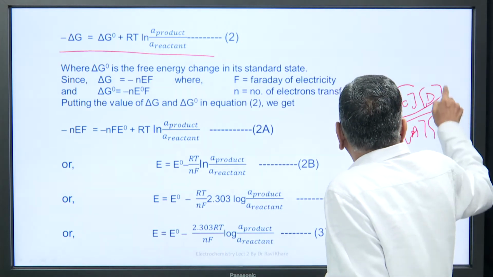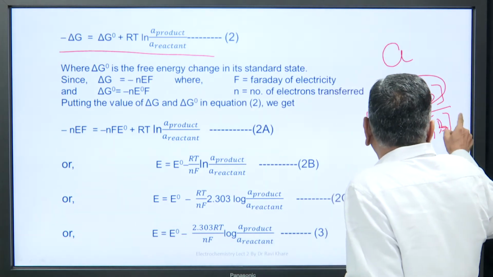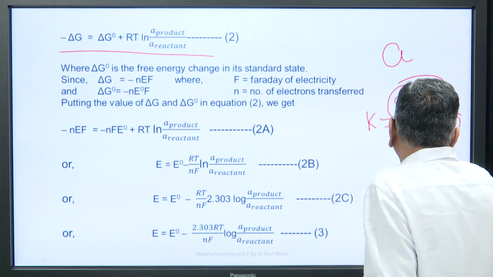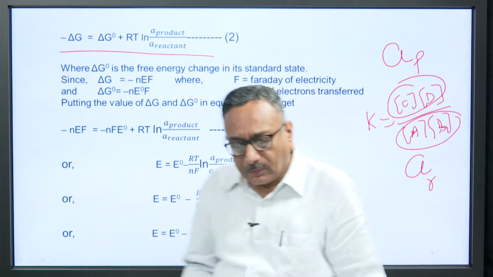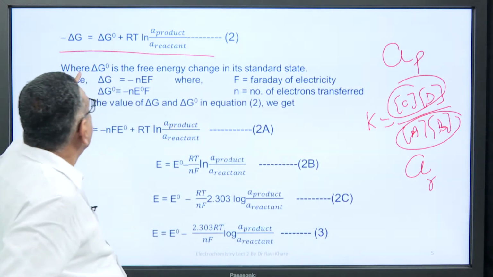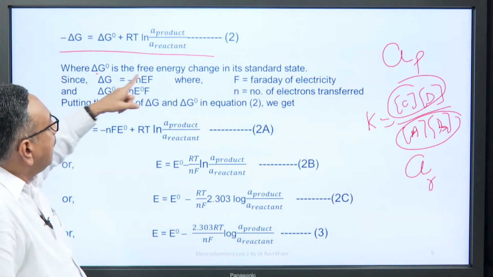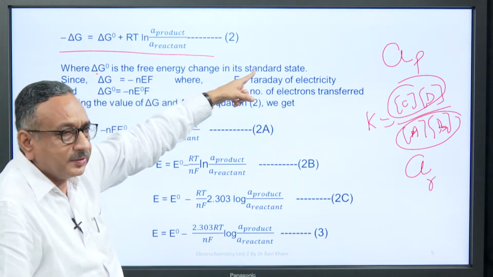This term can be replaced by activity A, and this is replaced by activity of reactant, activity of product. Now, where delta G 0 is free energy change in its standard state.